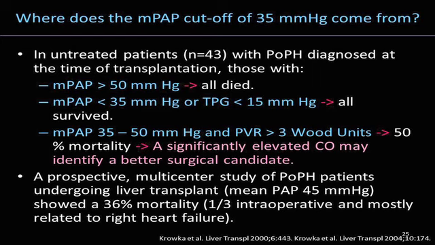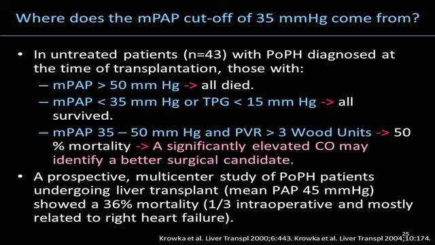And this is because of this retrospective study by Dr. Krowka at Mayo, when they reviewed cases of patients that underwent liver transplantation that were found to have an elevated mean pulmonary pressure during the Swan placement. They noted that all the ones that had a mean pressure of 50, they all died during transplantation.